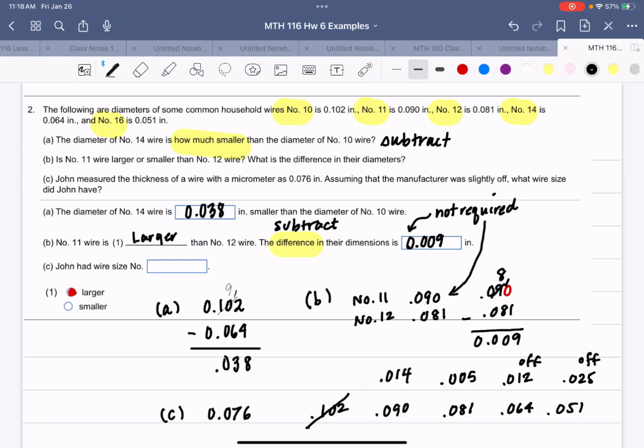And then I'll just go ahead and do the other one, the minus 0.102, just to show you that that's 0.026. So the one that is the closest is this one, the 0.081 wire, so that's number 12. So number 12 was only off by just a little bit, and that's the closest to the one that he actually received.